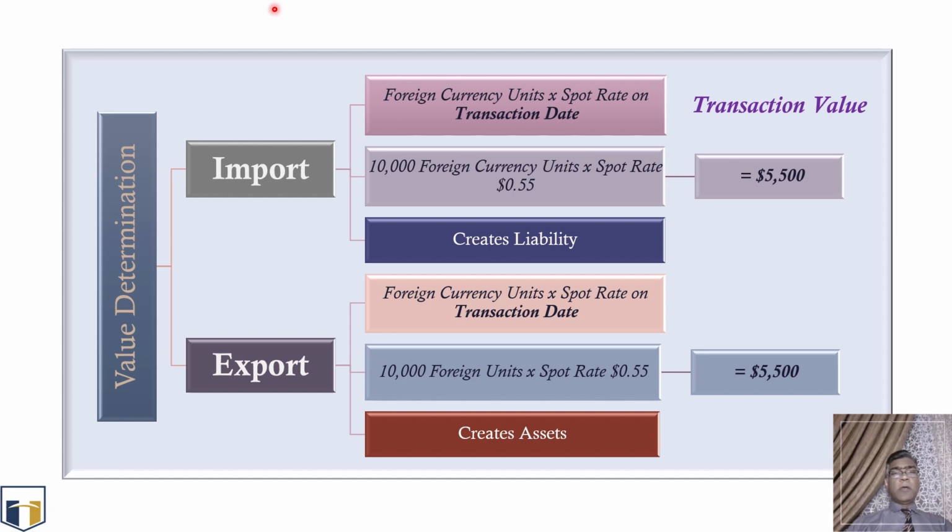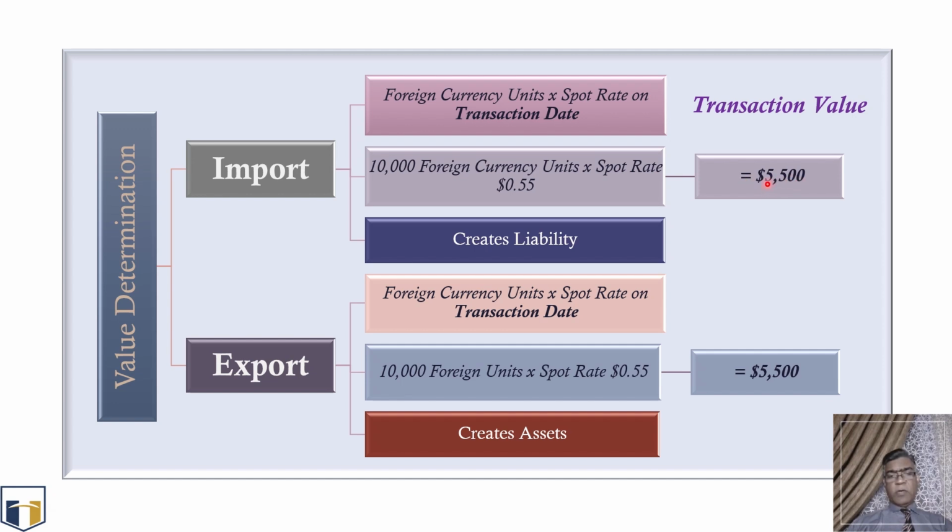You need to determine value before recording the transaction into your books of account, right? The formula of value determination is foreign currency unit times the spot rate equals value. Now look here for import: the foreign currency unit times the spot rate on the transaction date. So if it is 10,000 foreign currency units and the spot rate is $0.55, then the value will be 5,500.